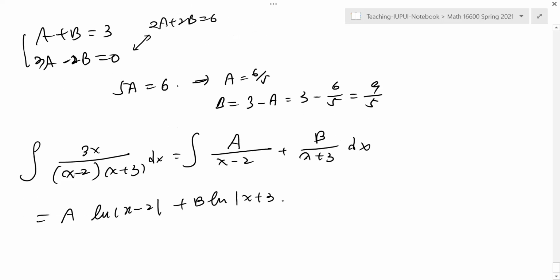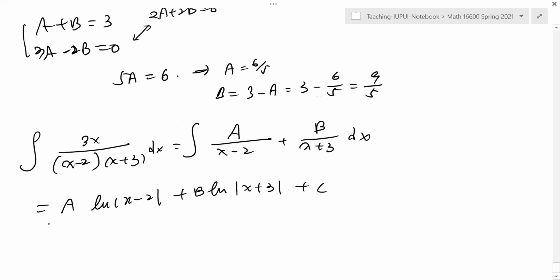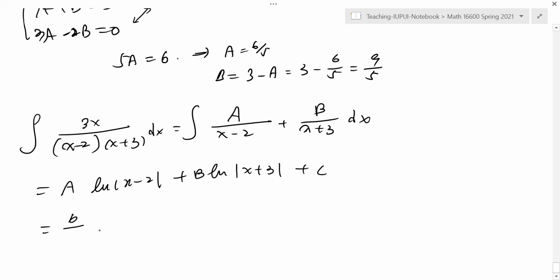So you say, as long as I can find a and b, I get the answer. So that is the answer already. So where a and b, then you already find a and b. So you then say a is given 6 over 5, and b is 9 over 5. If you run out of time, just stop there. You don't need to determine the coefficients.